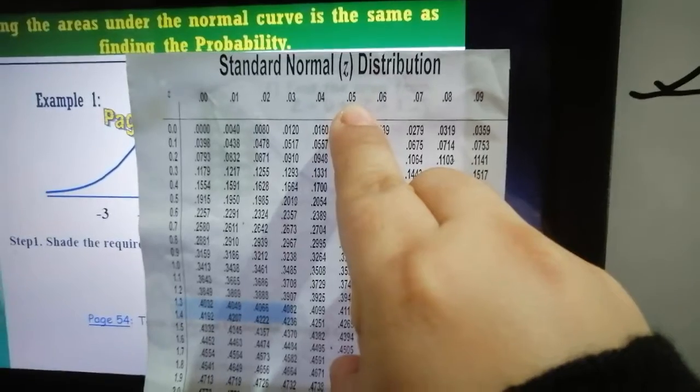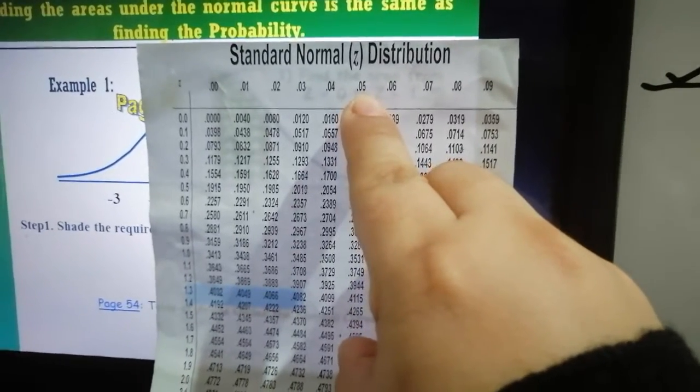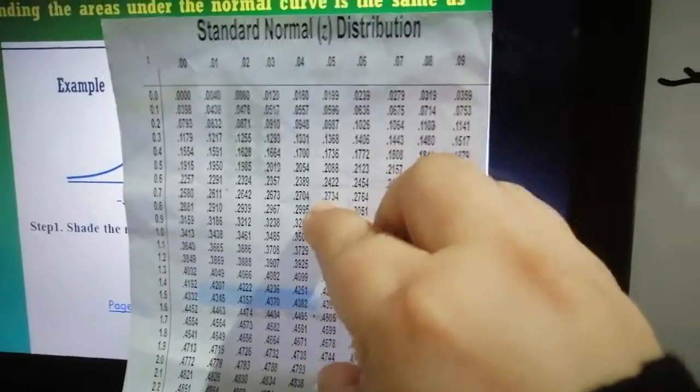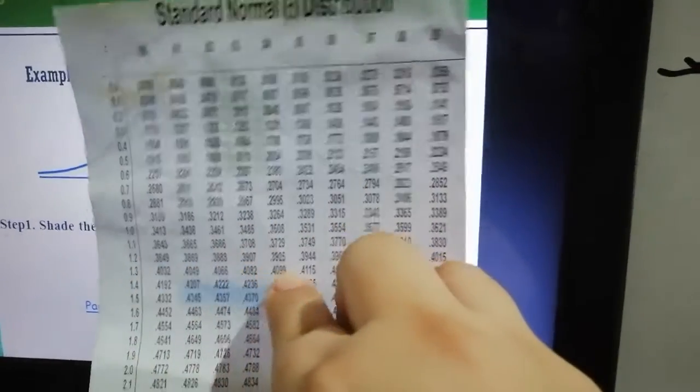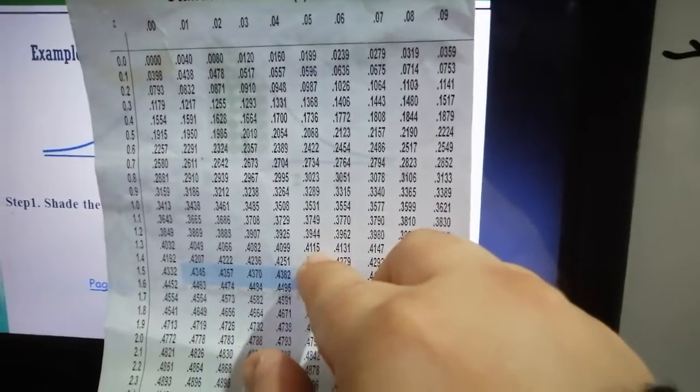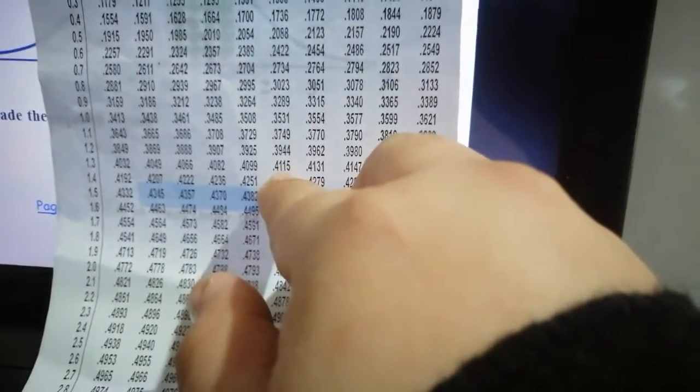So you have to look at the uppermost row. What you have to do then is get the intersection, just like in a multiplication table. So 1.3 and 0.05. What's the intersection? That is 0.4115. So that is the second step.